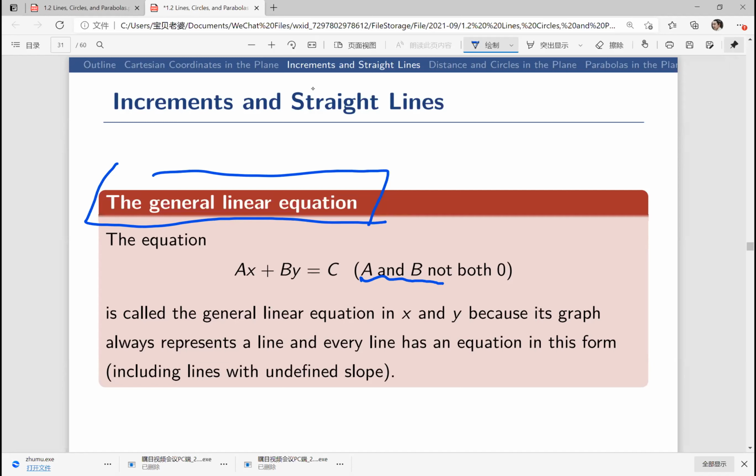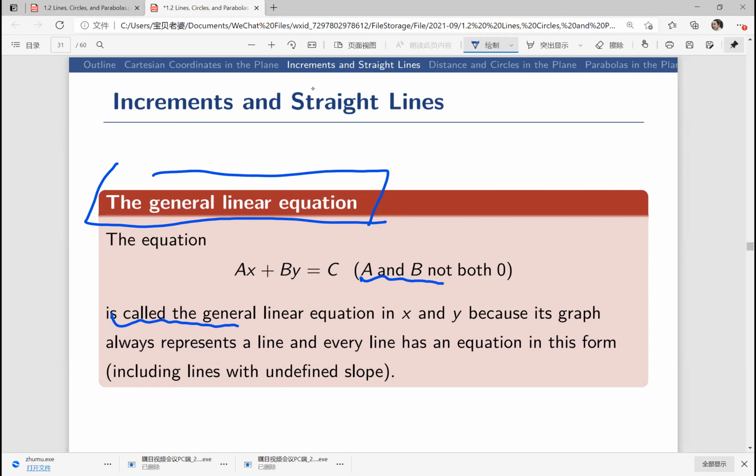Means if a is 0, b must not be 0, and if b is 0, a must not be 0. This is called the general linear equation in x and y because its graph always represents a line, and every line has an equation in this form.